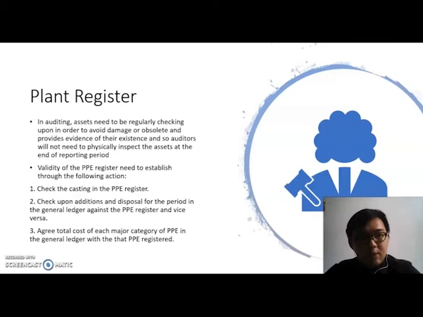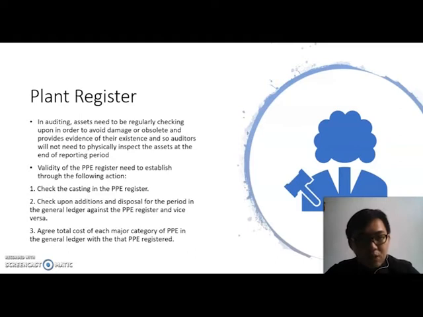So the next is the plant register. In auditing, assets need to be regularly checked in order to avoid damage or obsolescence and to provide evidence of their existence, so the auditor will not need to physically inspect the asset at the end of the reporting period. Validity of the PPE register needs to be established through the following actions.